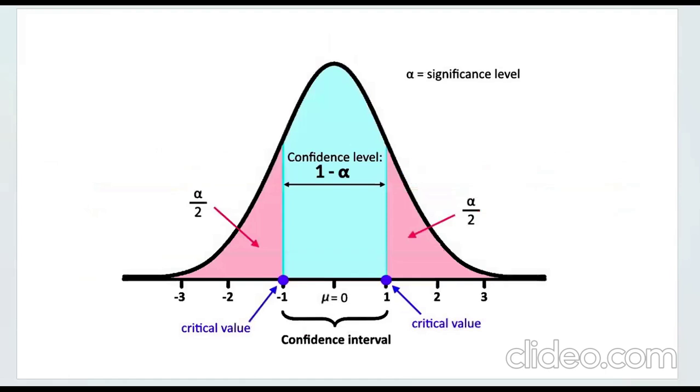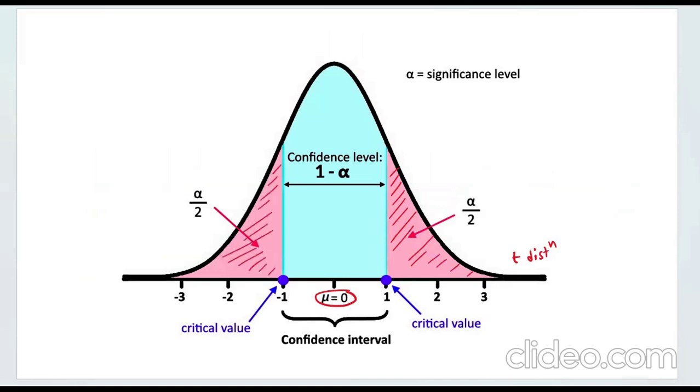Basically, if you see this diagram, this is a T distribution, which is symmetric about 0. So the mean of a T distribution is 0. Suppose we are conducting a two-tailed test. So this particular region will be the rejection region, and this particular region will also be the rejection region.